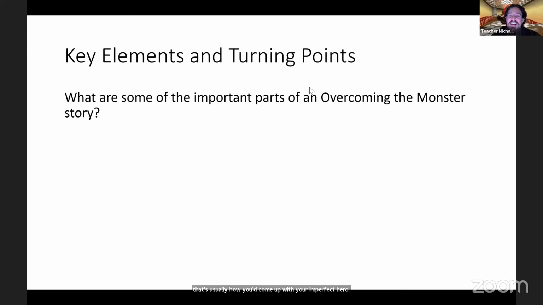That's right. If he can fly, he can go over the sea. Now, the other thing that we need to tell an overcoming the monster story is a seemingly invincible enemy.